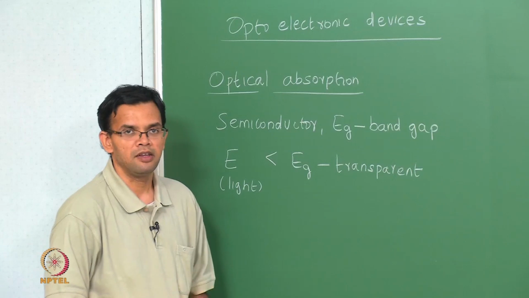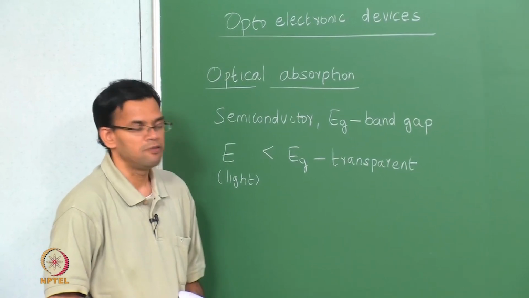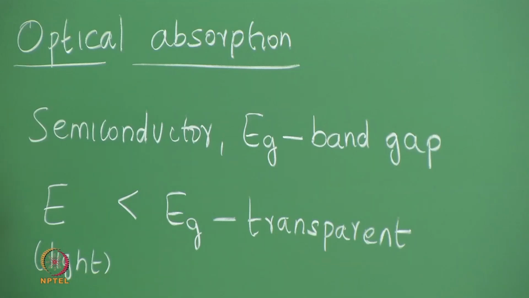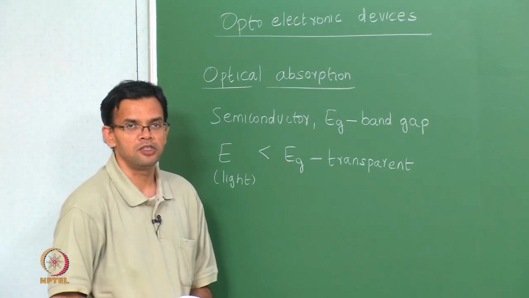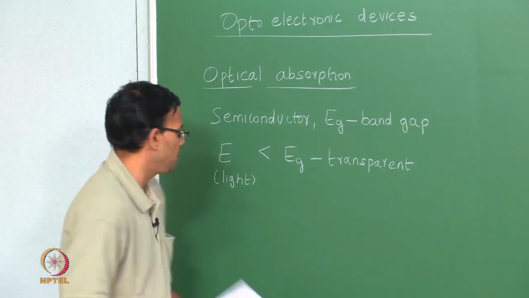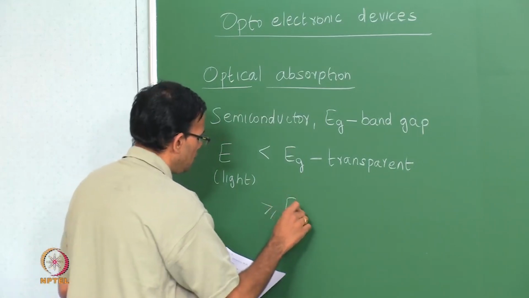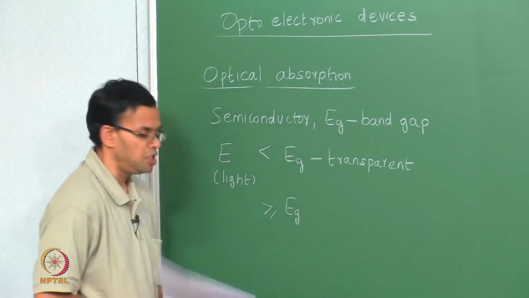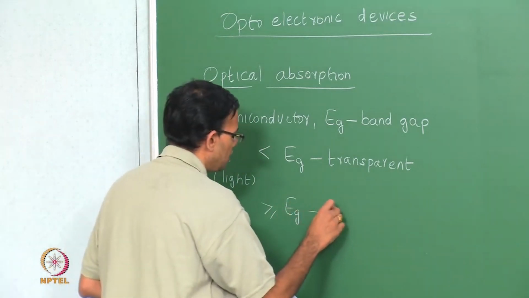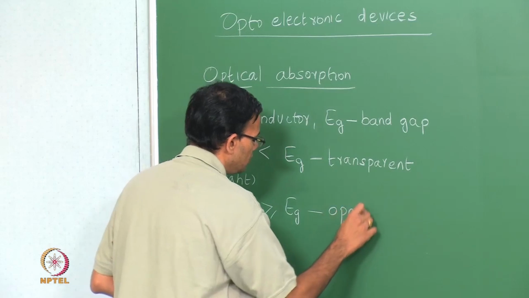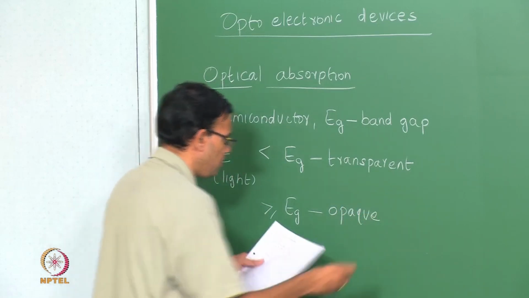So, you could have scattering of light from the surface. If your semiconductor is polycrystalline, you could have scattering from the various interfaces, but overall there is no optical absorption per se. On the other hand, if E is greater than Eg, then we say that your semiconductor is opaque, it will essentially absorb the light.